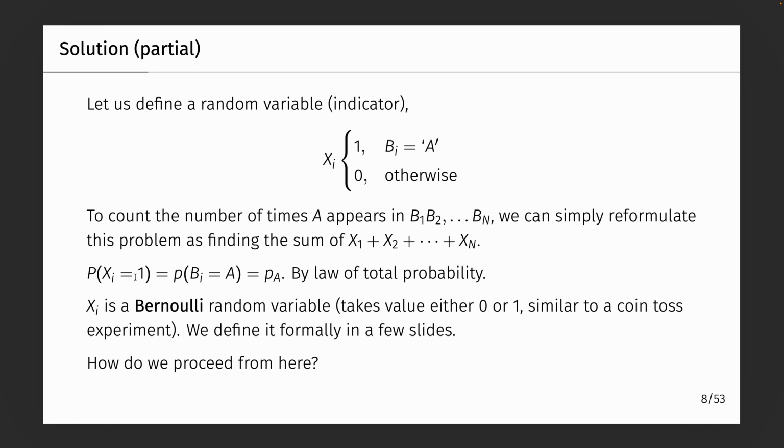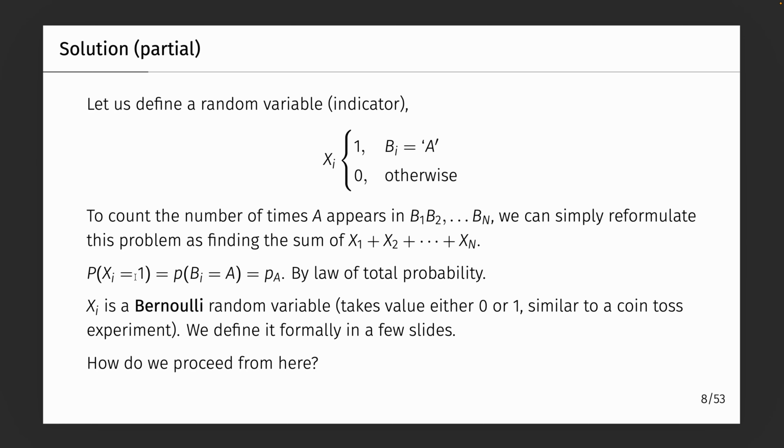I can do a very smart trick here, and I can say that, okay, let me focus on the question, which says: how many times do I see an A? For this, the moment you see an A, you can think about a definition of a random variable, right? So a random variable takes you from the sample space to a numeric value. How do I make it map into a numeric value?